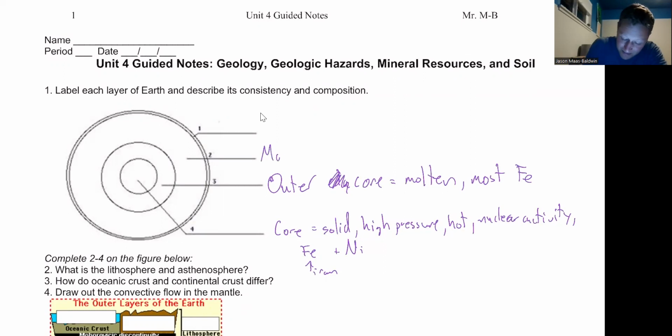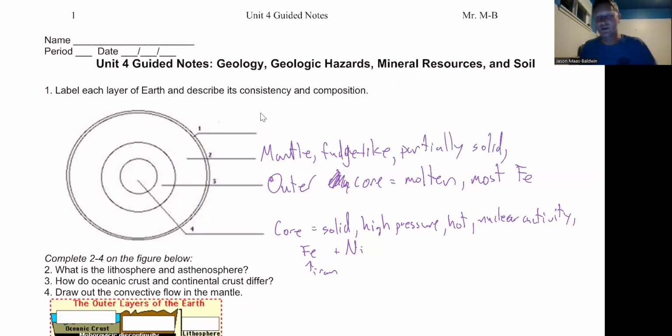And then we have the mantle, okay? The mantle is important. It has a fudge-like consistency depending on the layer of the mantle. It is partially solid.